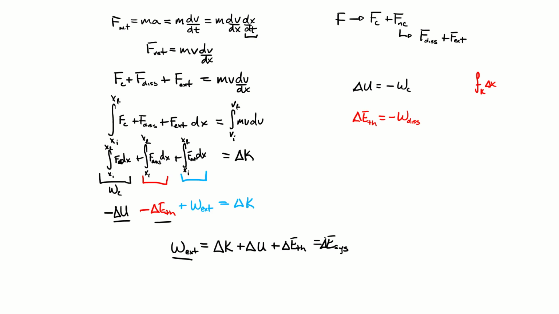Another thing we want to define is the potential plus kinetic, which we can think of as the mechanical energy. This is something we call the total mechanical energy of the system. And then the thermal energy is that microscopic sort of energy in our system. And if we put them together, we get the total energy in our system.